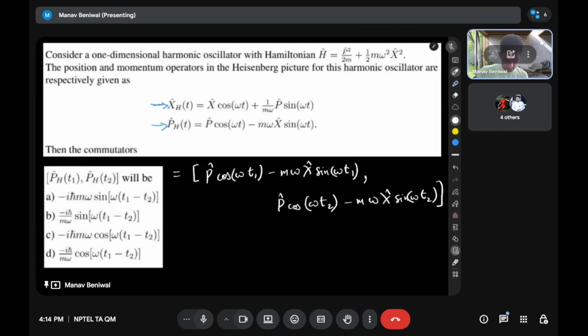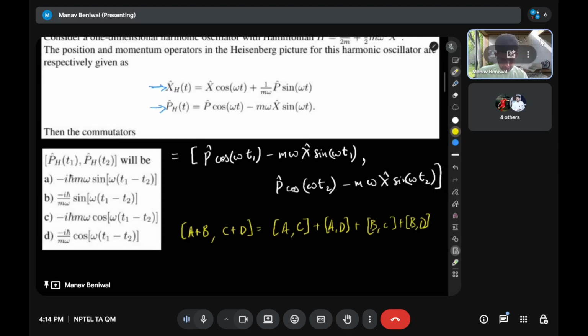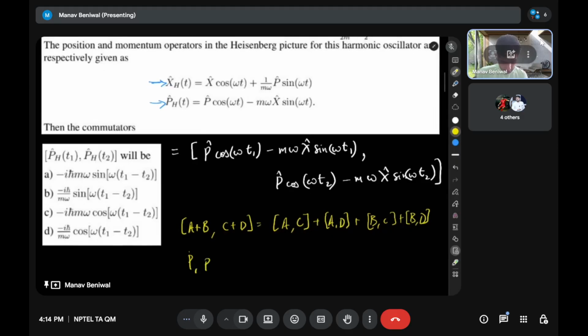Okay, so this is what we have. Now there is this linearity relation: if we have a commutator of the form a plus b comma c plus d, it expands as a comma c plus a comma d plus b comma c plus b comma d. Also we know that the momentum operator's commutator with itself will be 0 and the position operator's commutator with itself will also be 0.